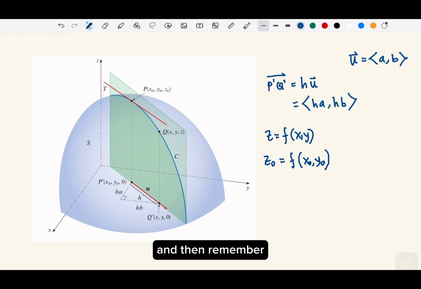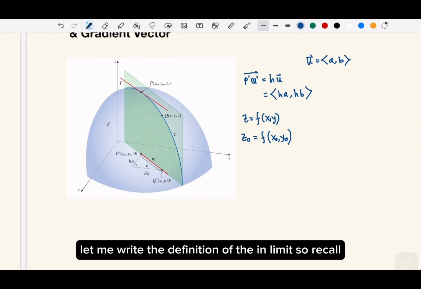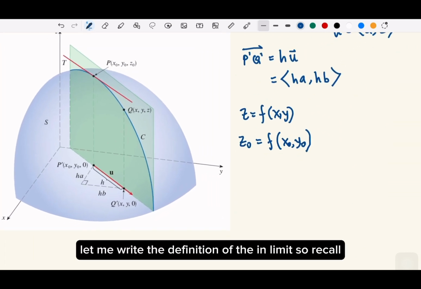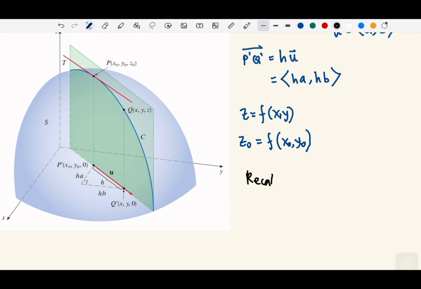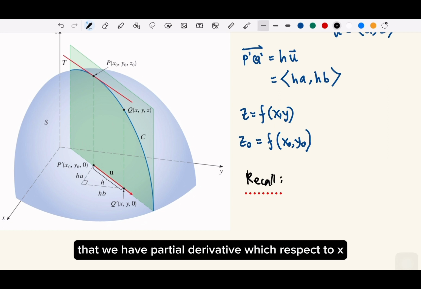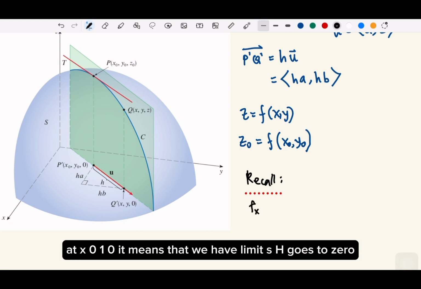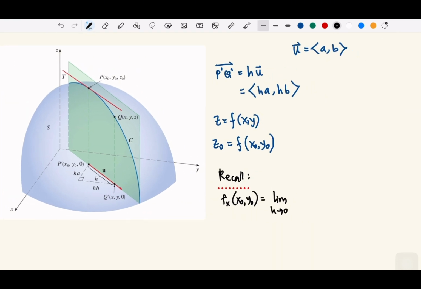And then remember, okay, let me write the limit definition. Recall that we have the partial derivative with respect to x at (x0, y0). It means that we have the limit as h goes to 0.